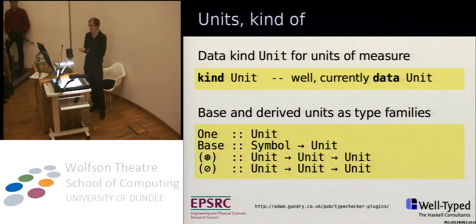So this is parametric in the particular numeric representation type, but obviously if you're using floating point, then potentially that's going to involve rounding. So yes, that's why you're having to make that conversion explicitly.